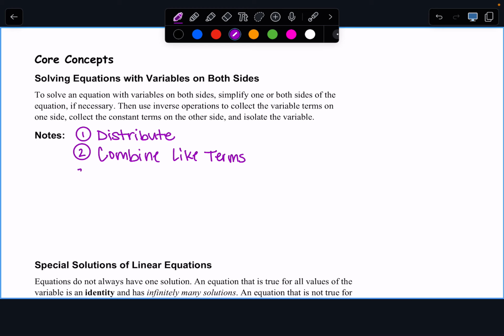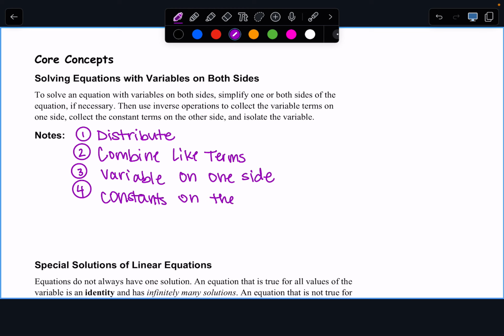Now, we are going to have variables potentially on both sides. So we need to pick one side for the variable to go to, and the constants to go to the other side. And then we'll be able to divide by the coefficient to solve.